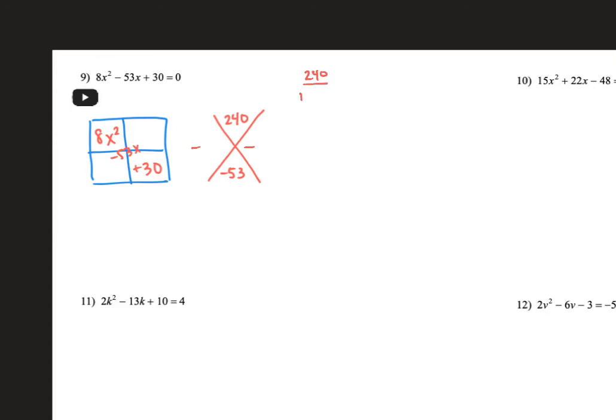I think there's going to be a lot. 1 and 240, 2 and 120, 3 and 80, 4 and 60, 5 and 48, 6 and 40, 8 and 30, 10 and 24, 12 and 20.